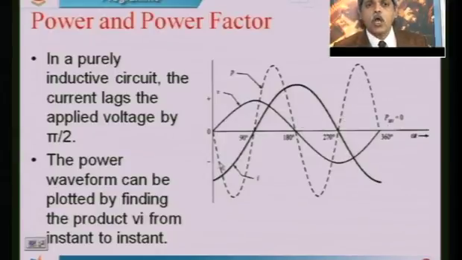Again here also, the negative half cycle and the positive half cycle within 0 to 180 degrees cancel each other, therefore I will be getting a 0 average value for one cycle of the power curve.